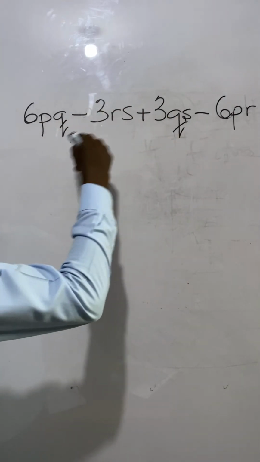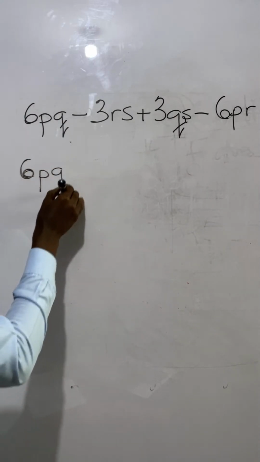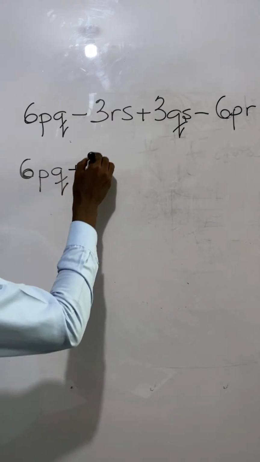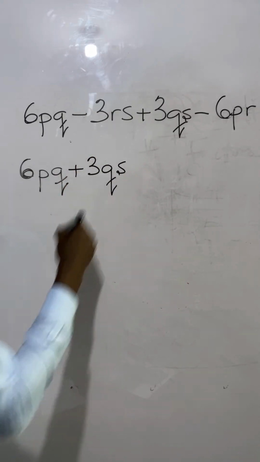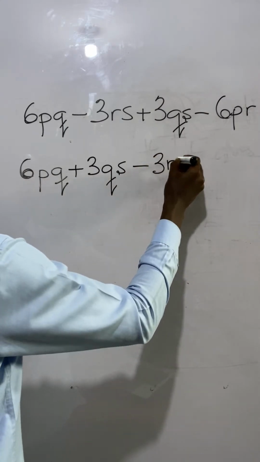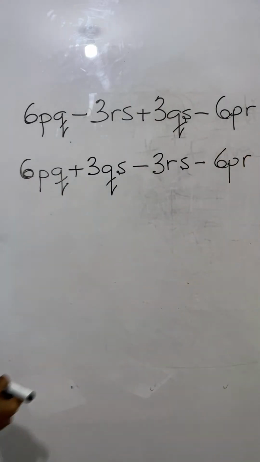There is a Q here and a Q here. So we can group this as 6PQ and bring this closer to give us 3QS. Now let's rearrange the rest: 3RS minus 6PR. So we are done arranging successfully.